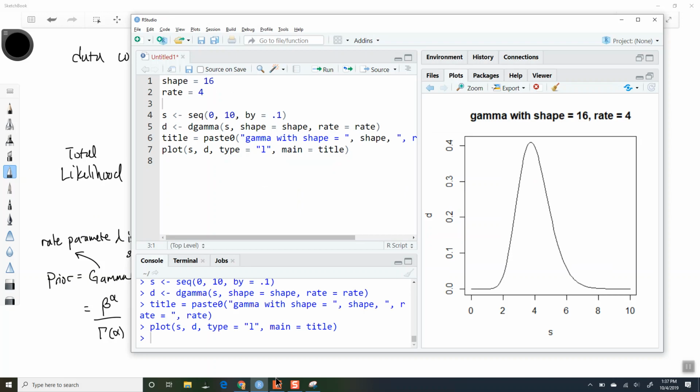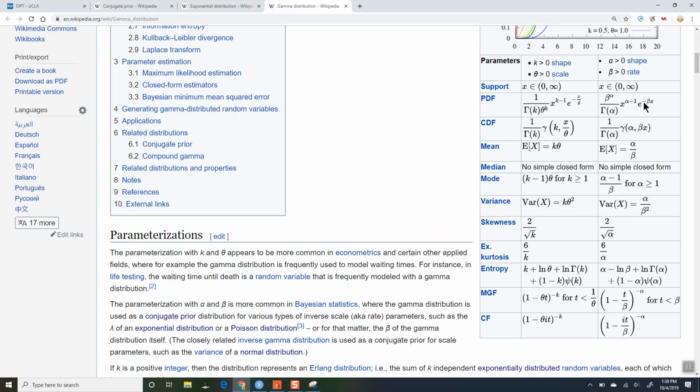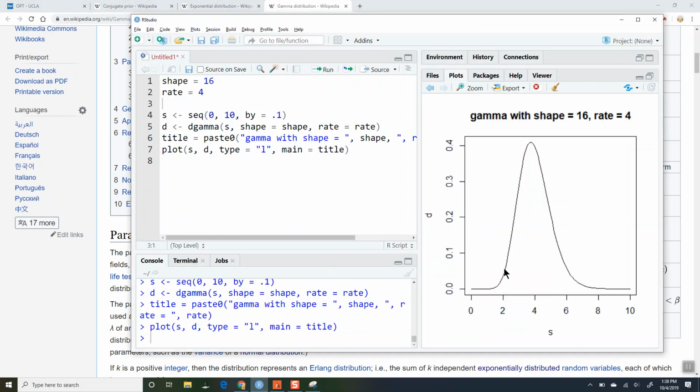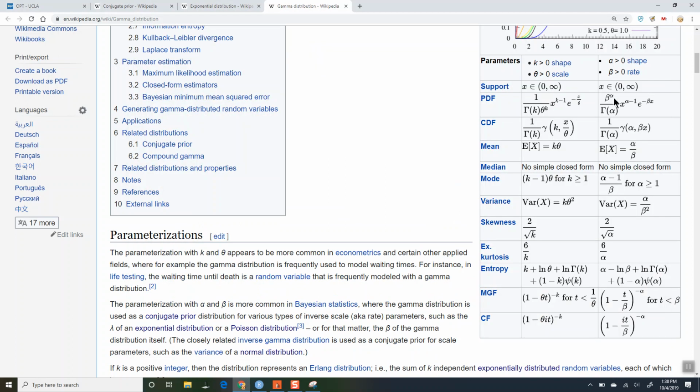By default, when you go on Wikipedia and you look at PDFs, the value being drawn from that distribution is written as x. In this case, the value that we are drawing from the gamma distribution is our rate parameter, because we are saying that our rate parameter is going to be something between 2 and 6. We're saying somewhere between 2 and 6 customers arrive every minute.